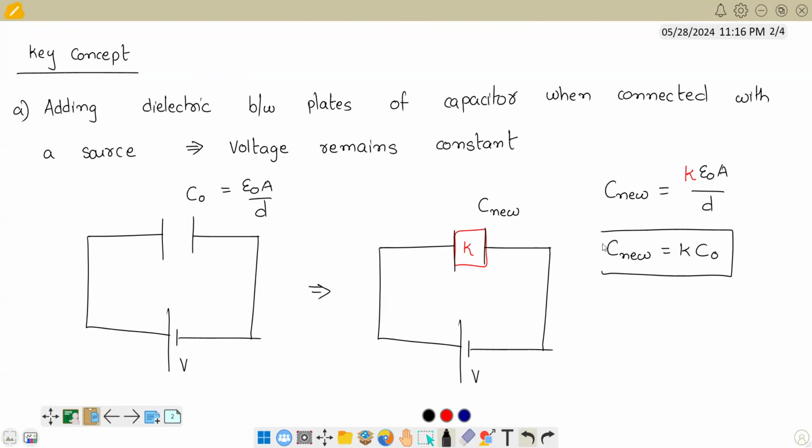Next, we know voltage remains constant. What does it mean? The new voltage is still V only, whatever the old one was.